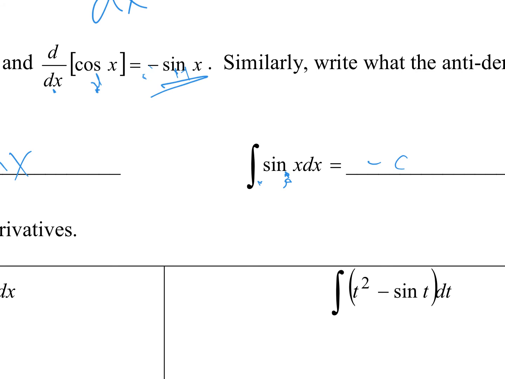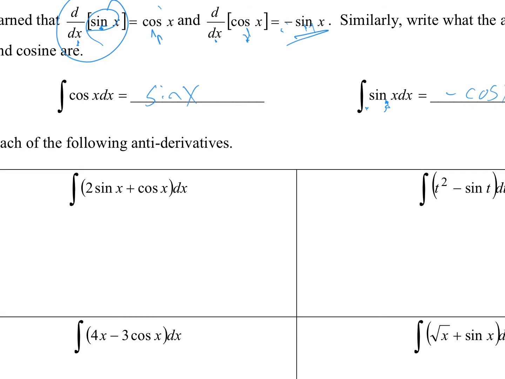So you're right, negative cosine. Okay, so how do I remember this? Remember when we said the derivative of sine is positive cosine, and the derivative of cosine was the negative sine. So now it reverses. The integral of sine is negative cosine, and the integral of cosine is positive sine. It reverses which one gets the negative.